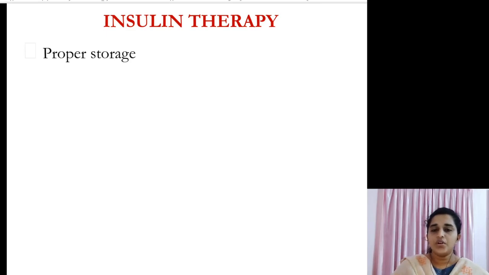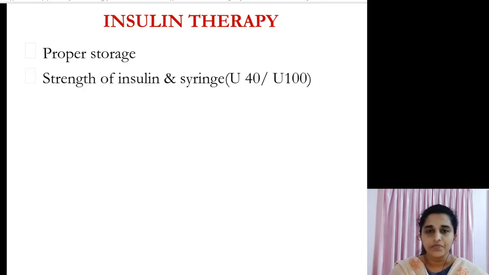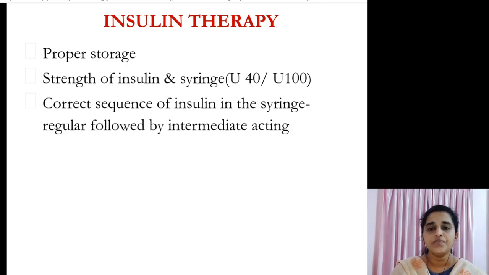Next, what are the nursing aspects of management in insulin therapy? That is proper storage of insulin, and confirming the strength of insulin and the syringe being used.